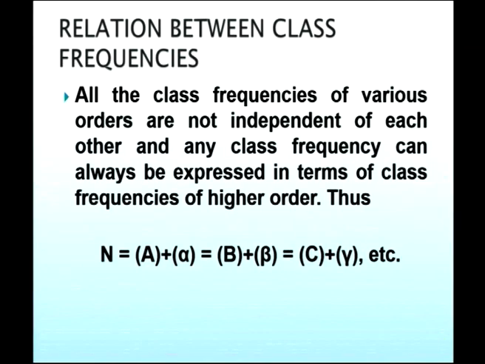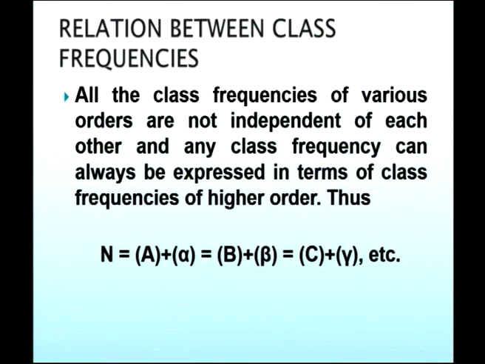Now, next we are going to talk about the relation between class frequencies. All the class frequencies of various orders are not independent of each other, and any class frequency can always be expressed in terms of class frequencies of higher orders. Thus, the total number of members in the population, capital N, can be represented with respect to the attribute possession and non-possession.